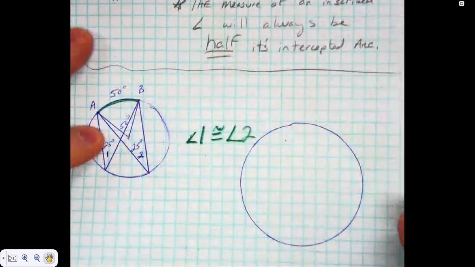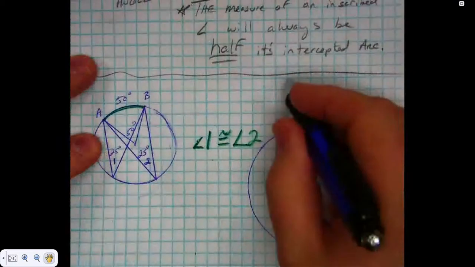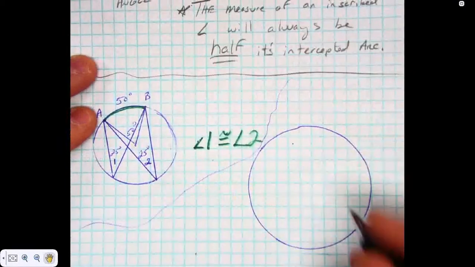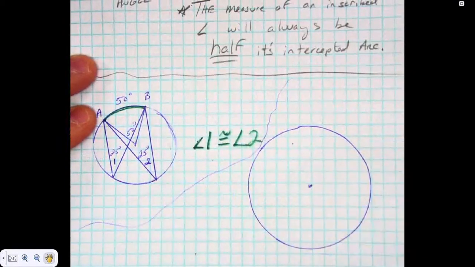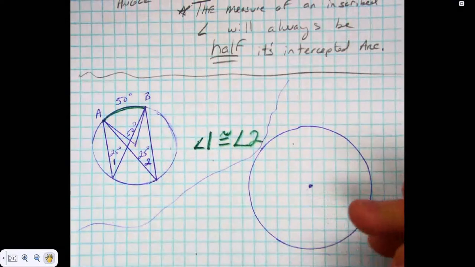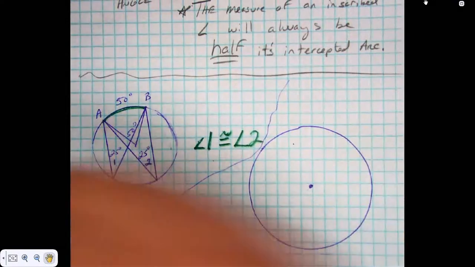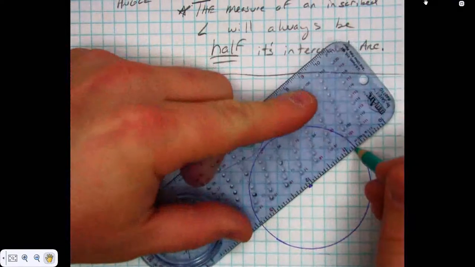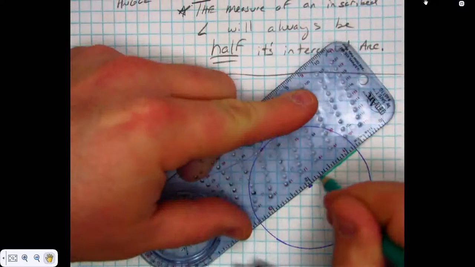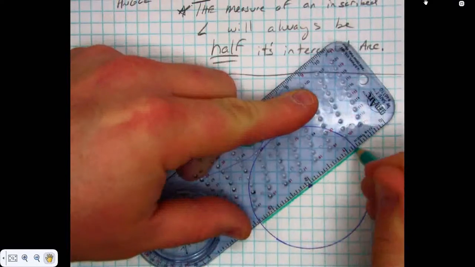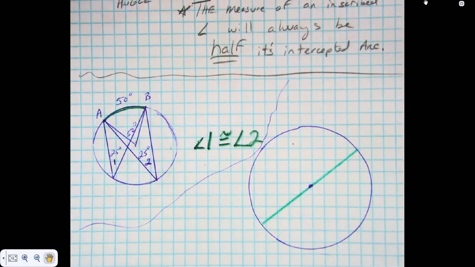Okay, quick, make another circle. Here's the center of that circle, let's say. What do we call this line right here? You don't have to draw this, just watch. What do we call that line? That is a diameter.